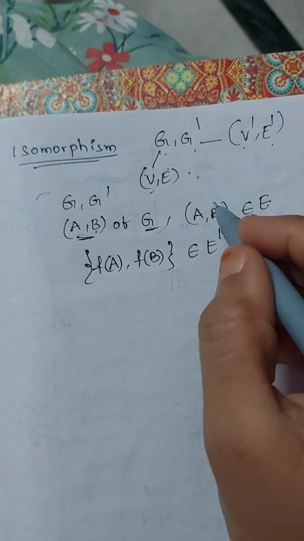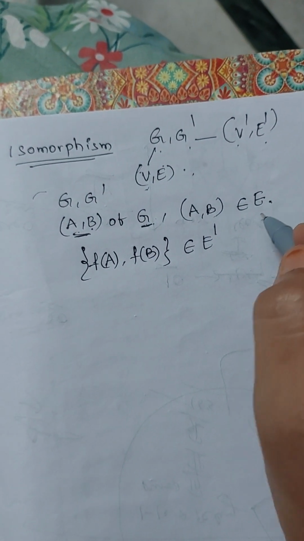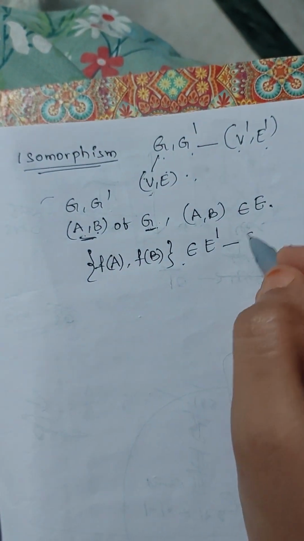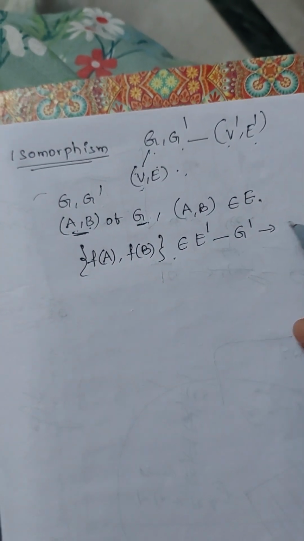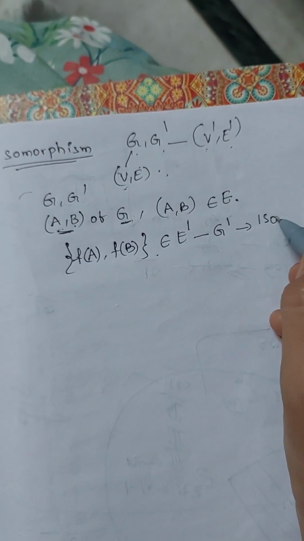If there is an edge present in G and a similar edge is present in G dash, then these two graphs are called isomorphic graphs.